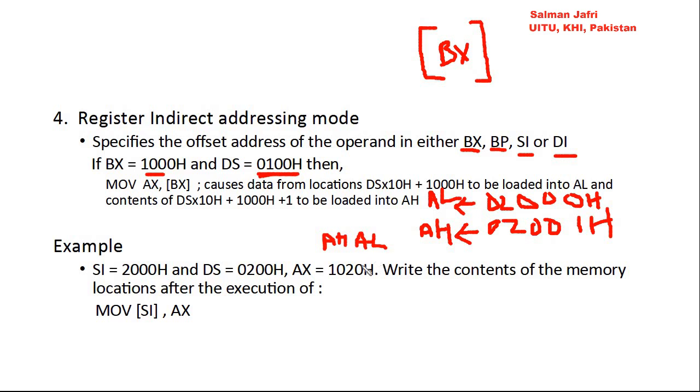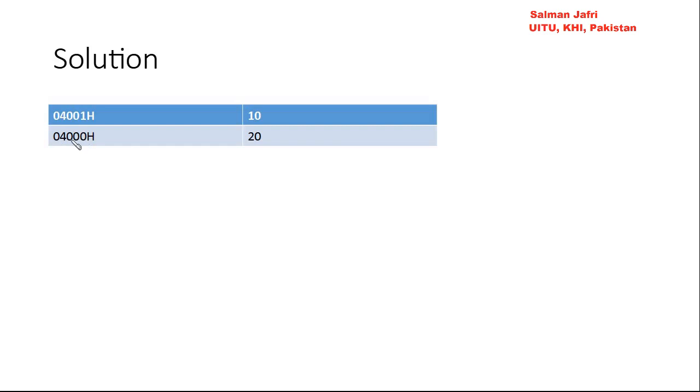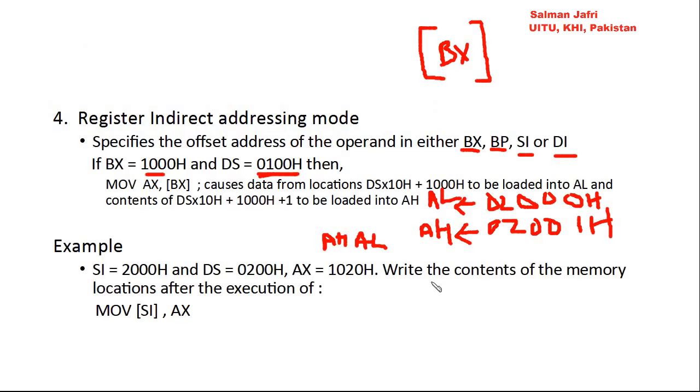The contents of AL, which is 20H, would be placed in the first location, which is 0400H. The 20 is the low byte, placed in this address, followed by the high byte at the next address, and the high byte is 10. So the high byte is stored in the next location, which is 04001H.